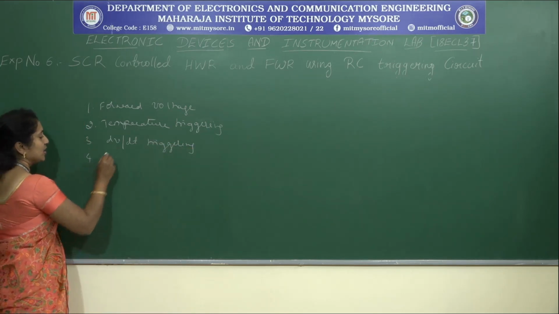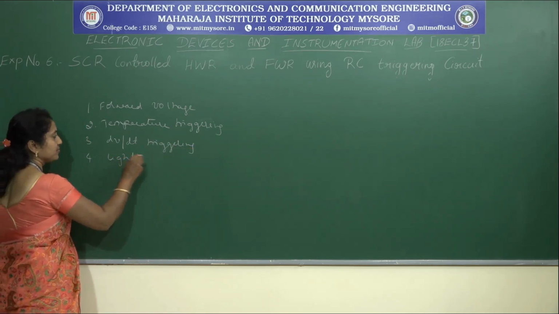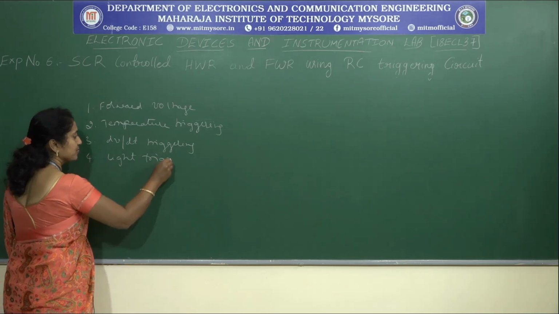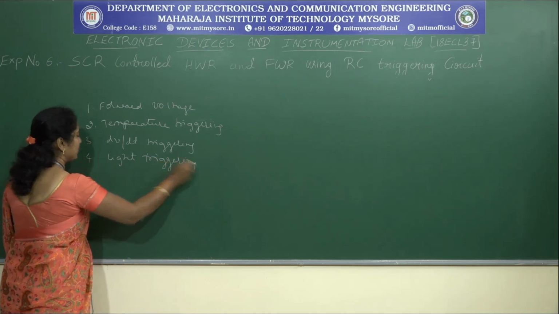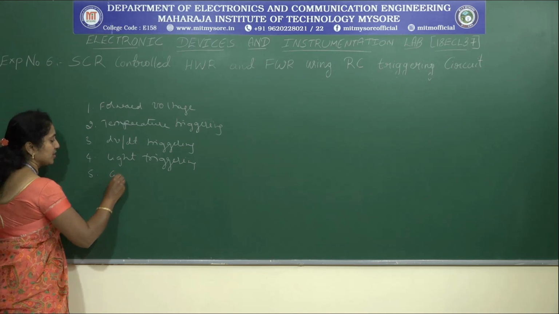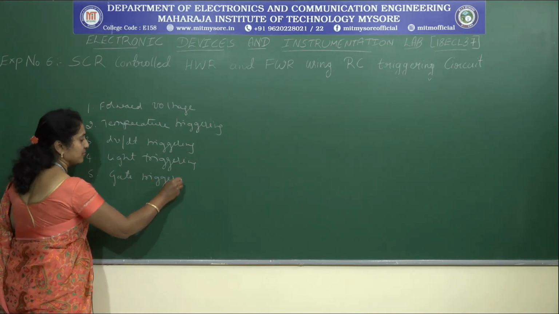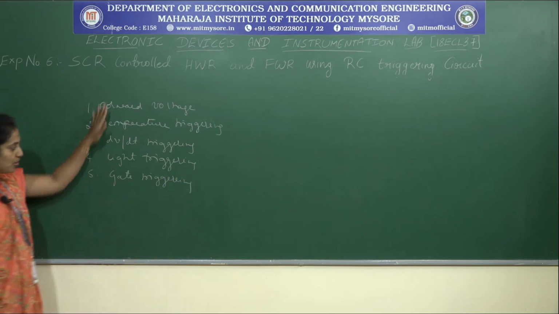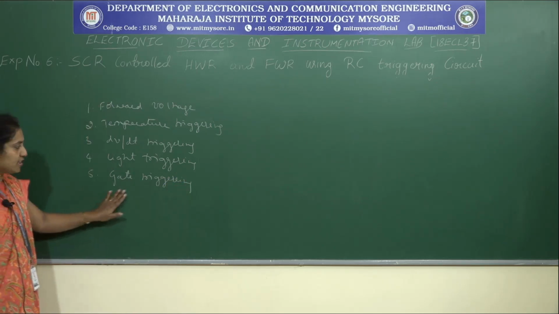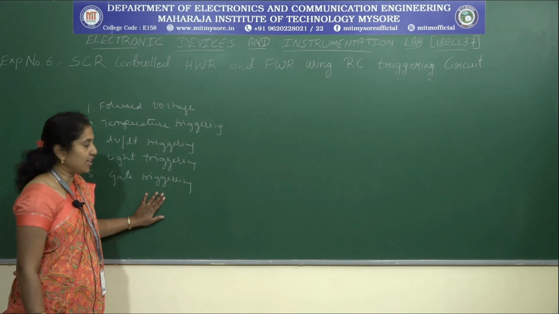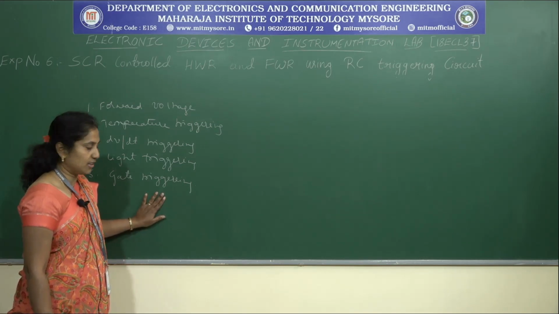Fourth one is light triggering. Fifth one is gate triggering. Among all the five methods, gate triggering is the efficient and reliable method to turn on the SCR.